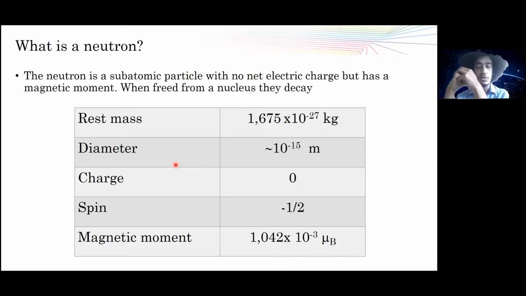So, well, let's get this one out of the way. Basically, a neutron is a subatomic particle that has no electric charge, but it has a spin of 1/2. Also, once they are free neutrons, they can decay due to the weak nuclear force.